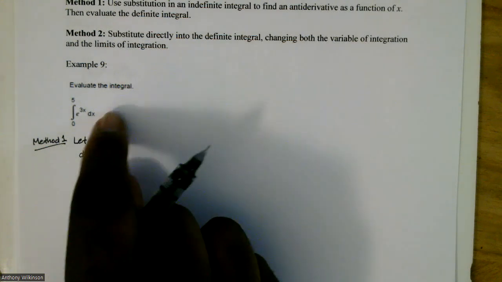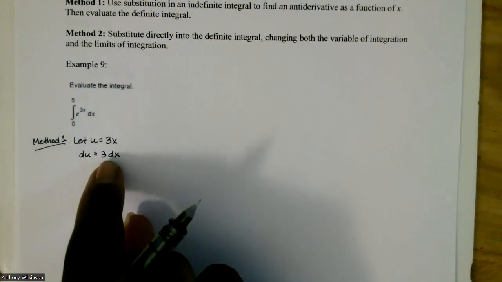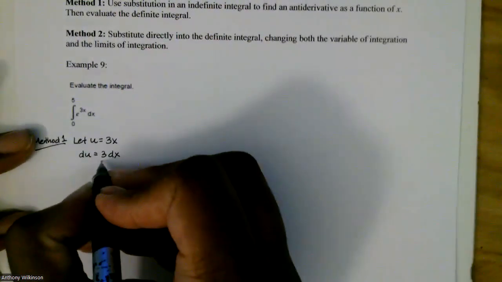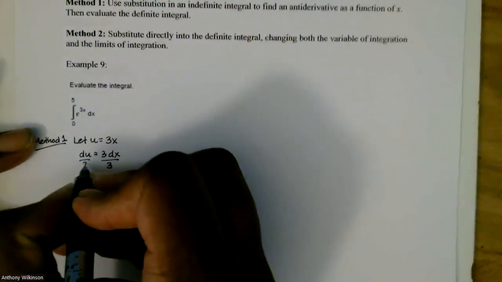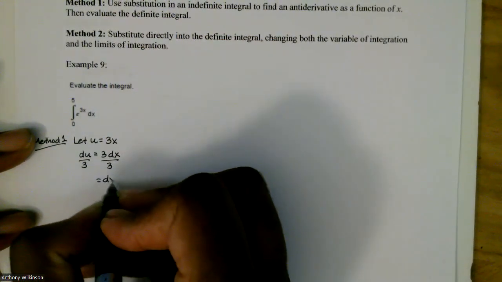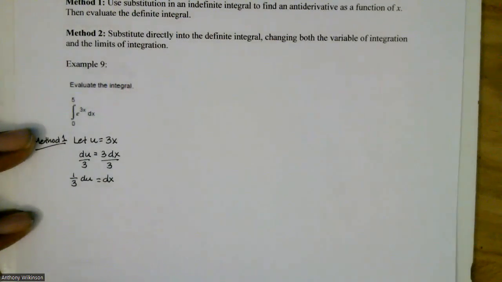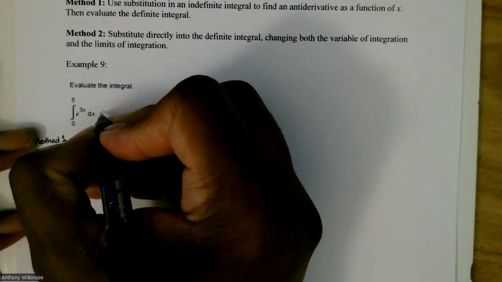Now, I do have the dx, but I don't have a 3. So if I want to get dx by itself, I have to divide both sides by 3. That means dx would be equal to 1/3 du. And now we use our appropriate u substitution in this problem.